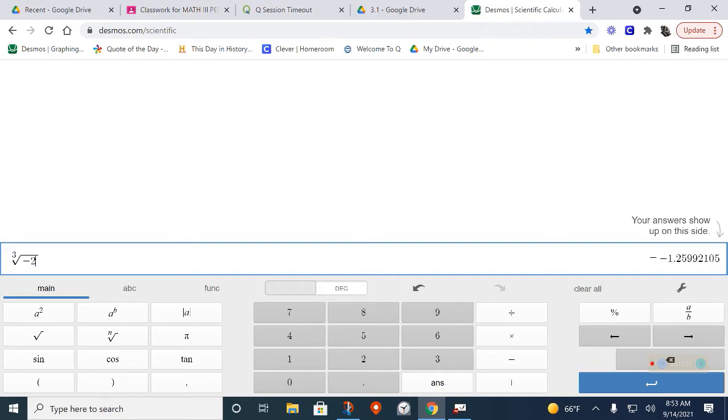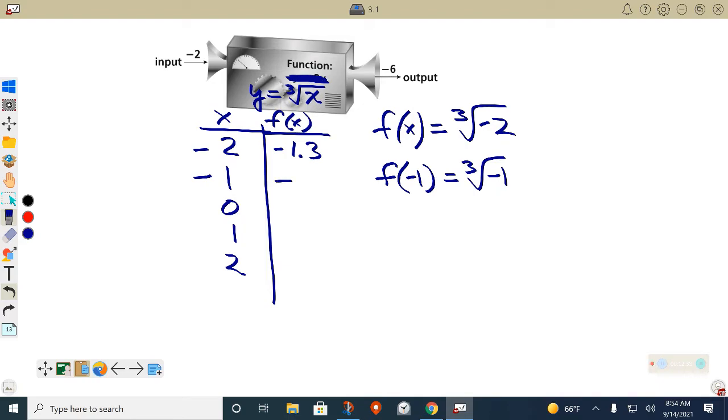Oh, it was -1. And that makes sense. -1 times -1 is +1. +1 times -1 is -1. The -1 third power is going to be -1. All right, we're getting somewhere now. The output's -1.